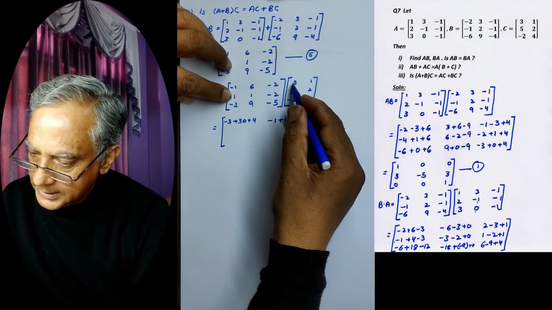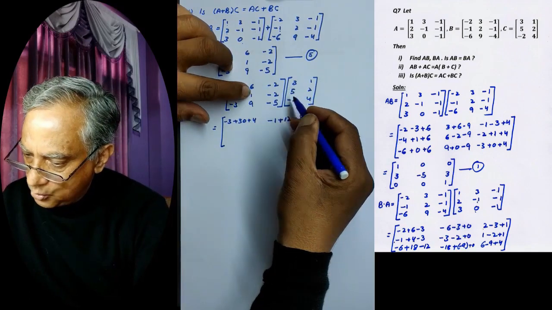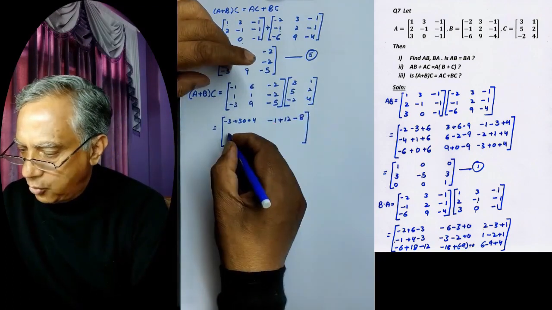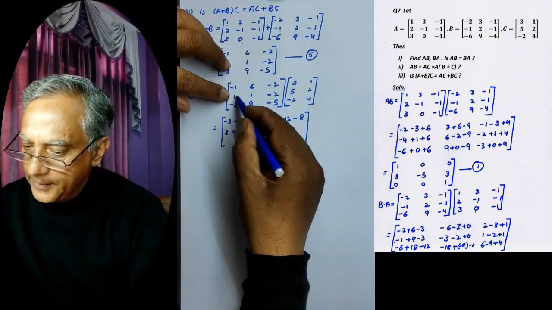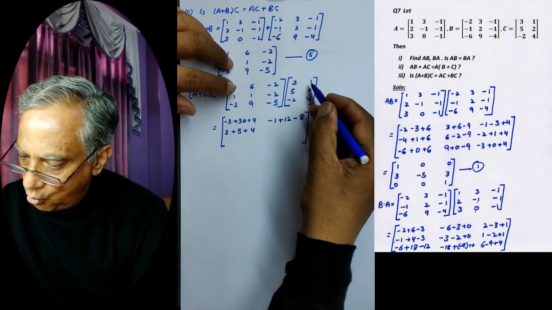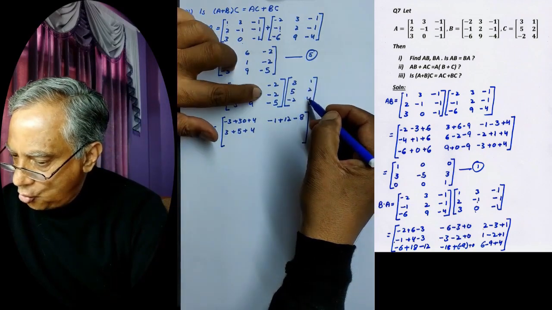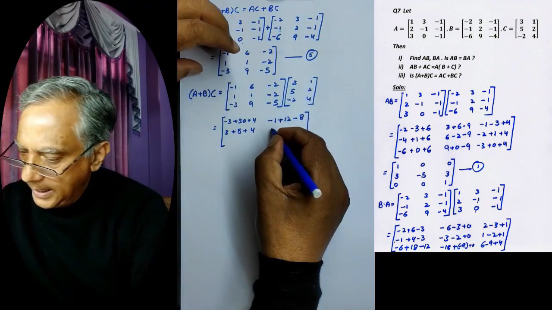This into this, 3 plus 5 plus 4. This into this, 1 plus 2 minus 8.